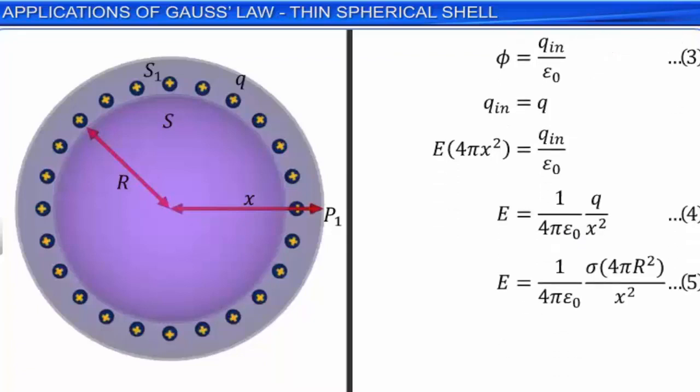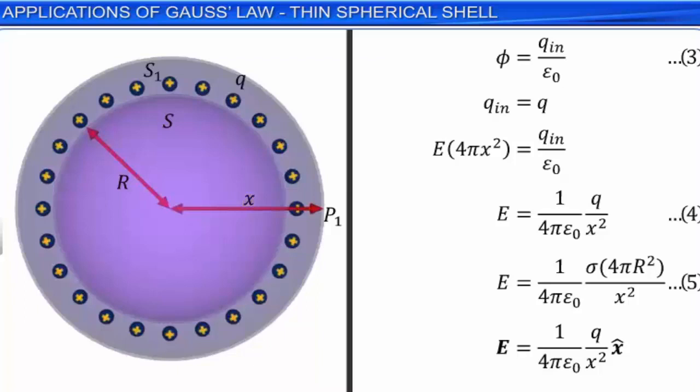The electric field strength E can be expressed in vector form as E is equal to 1 by 4 pi epsilon naught q by x square into x cap, where x cap is the unit vector along the radius vector and directed away from the charged spherical shell.